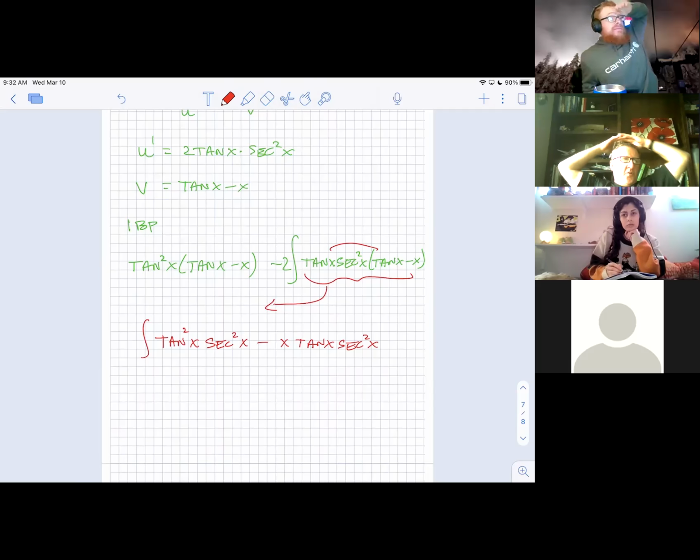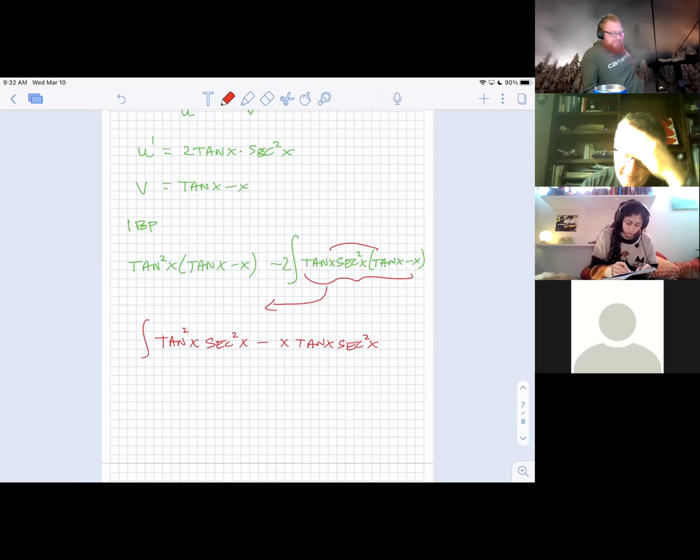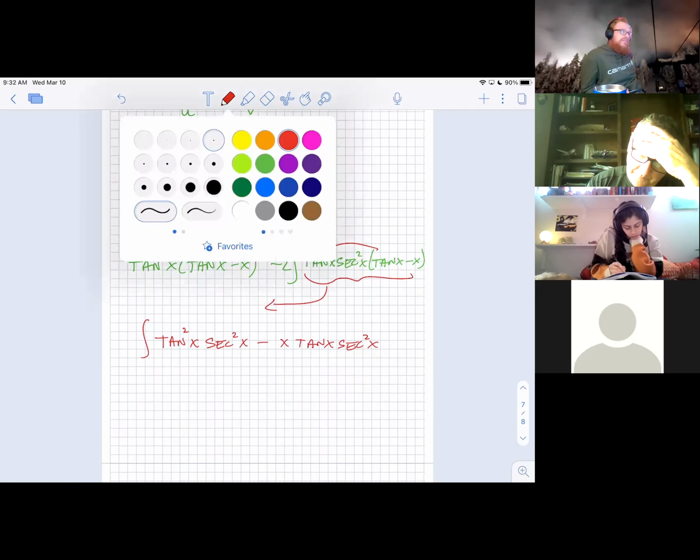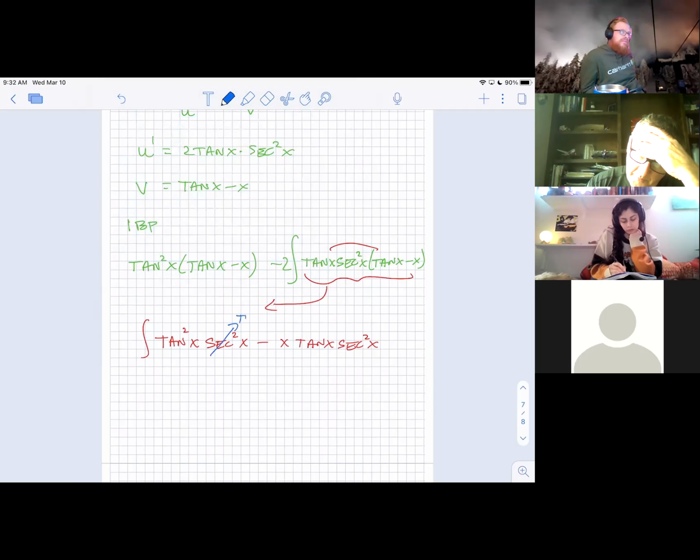Part of me wants to quit because I think that's terrible and it won't work. Part of me wants to continue. If I did replace secant squared with tangent squared plus 1, then I'd be multiplying tangent squared by tangent squared, and I'd have the integral of tangent to the 4th, which I already had and couldn't do. This feels like a dead end.